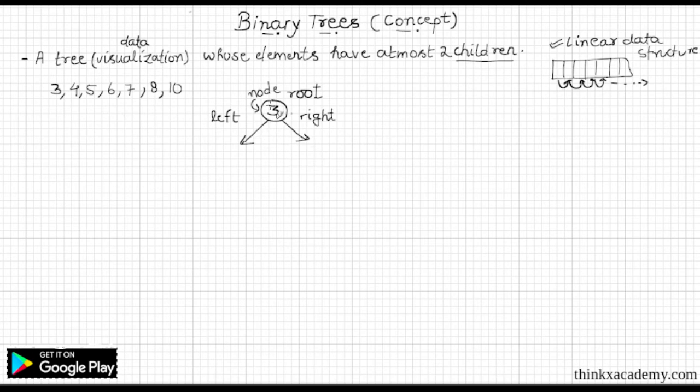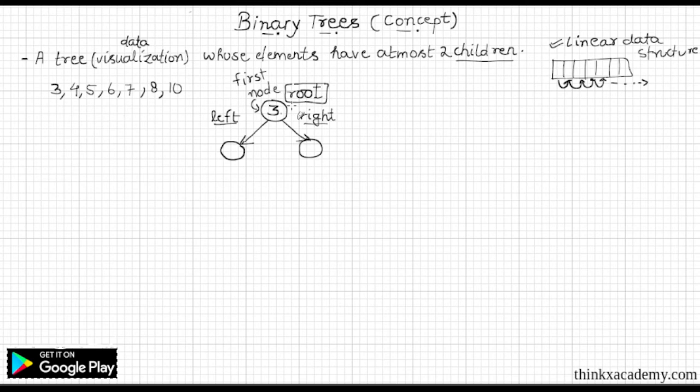So the first node of our binary tree is known as the root, and we will create two pointers linked with this root node. Each and every node of our binary tree will have a left pointer and a right pointer, and these pointers will point to some other nodes.